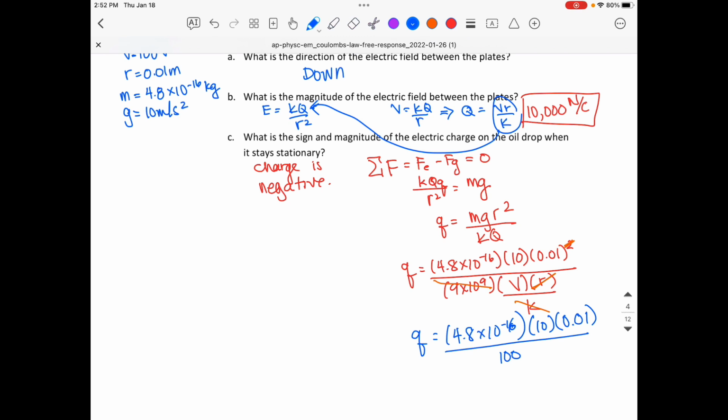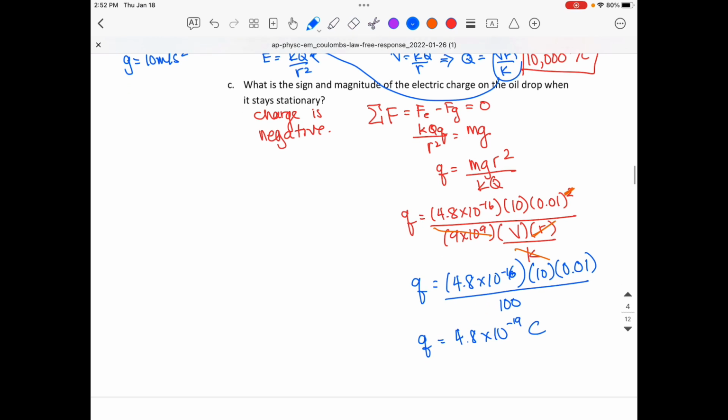When I plug that in, I end up with 4.8 times 10 to the negative 19 coulombs. I already stated that the charge is negative, so I'm going to add a negative there, and that's the charge of my oil drop.